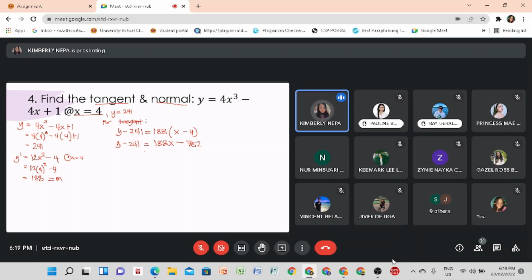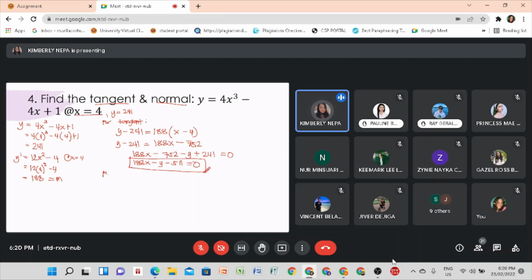So 188x minus 752 minus y plus 241 is, how much is 752 and 241? Negative 511, po. Negative 511 is equal to 0. So this is already our equation of the tangent line.